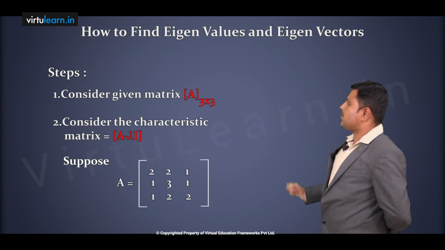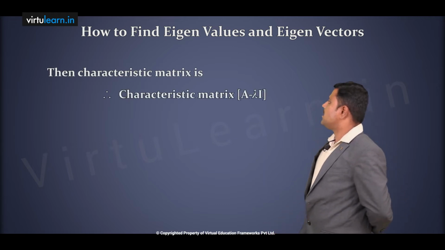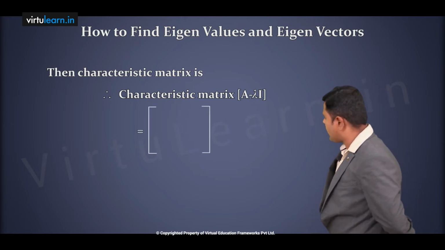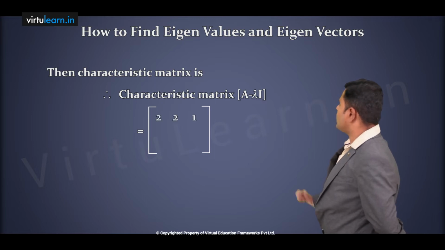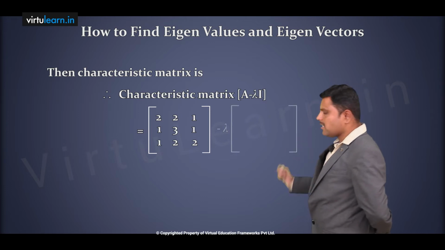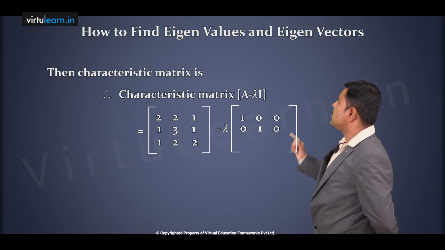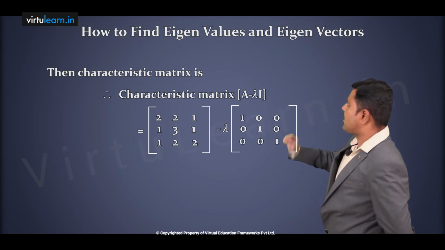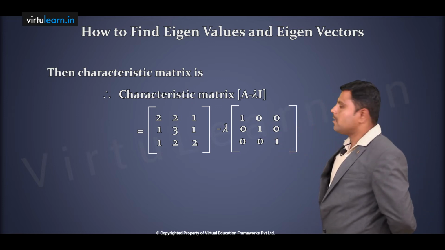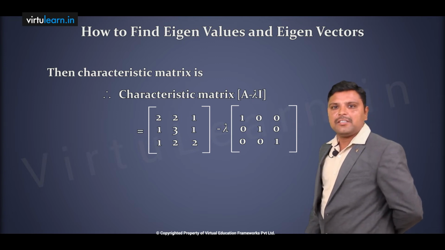If you want to construct the characteristic matrix, then A minus lambda I. A minus lambda I means first you consider matrix A, 2, 2, 1, 1, 3, 1, 1, 2, 2, minus lambda into 1, 0, 0, 0, 1, 0, 0, 0, 1. Now, first of all, I wrote the matrix A and minus lambda into I matrix. I matrix means identity matrix of order 3 by 3.